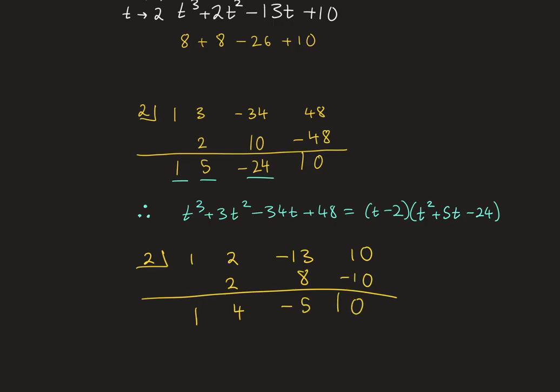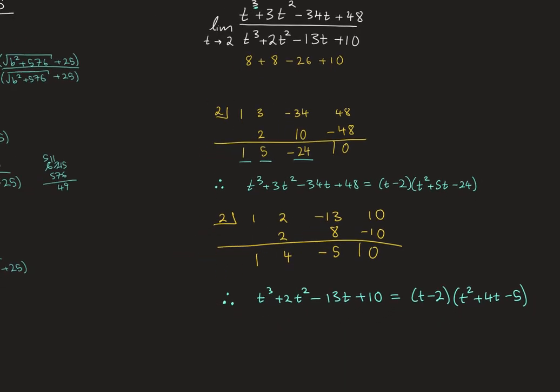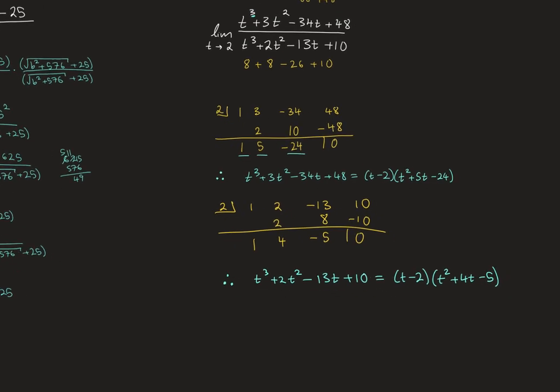There we go. And therefore, t cubed plus 2t squared minus 13t plus 10 is equal to t minus 2 times t squared plus 4t minus 5. All right, let's go.